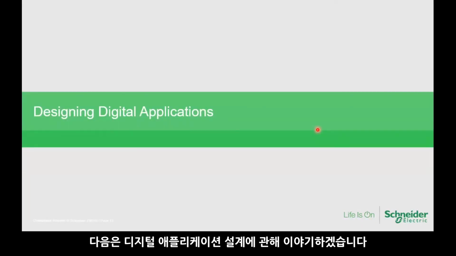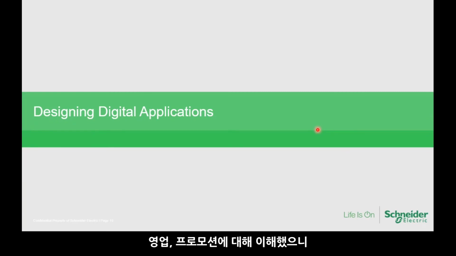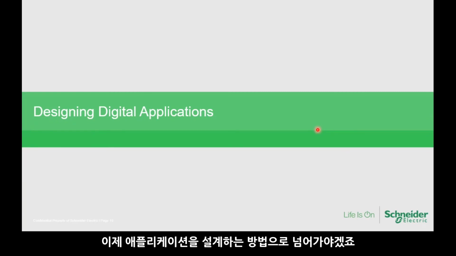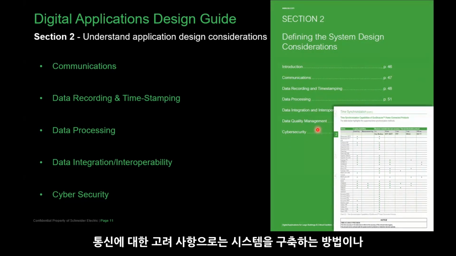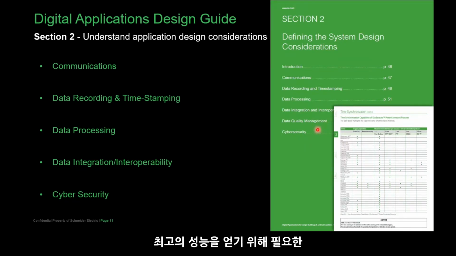The next thing is designing the digital application. We have already finished promote and sell. Now we move into how we design the applications. To understand this design guide, there are a lot of considerations in the design guides. One of them, for example, is communication: how do you build your system? What kind of communication is required to get the best performance?